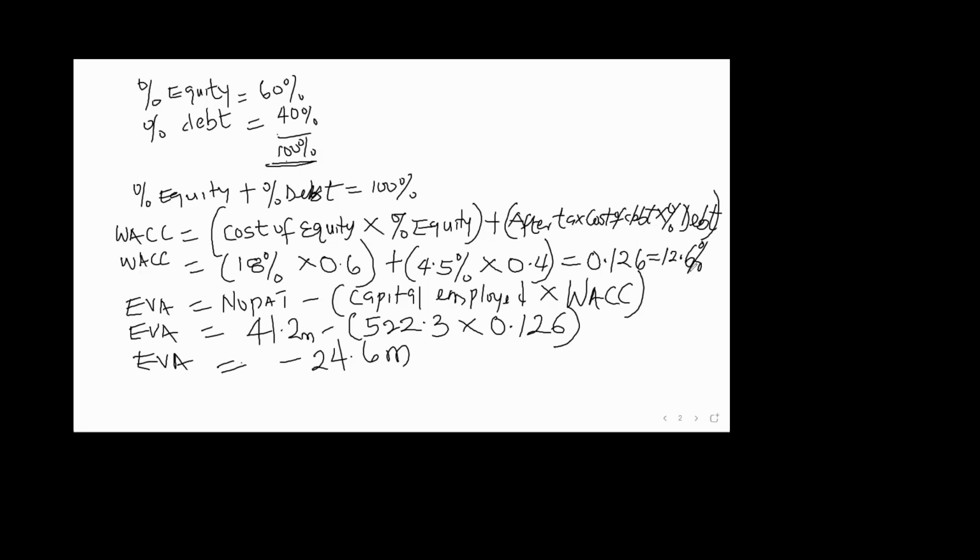When we say cost of capital, it is the minimum amount a company must generate in order to meet the expectation of the providers of capital, and it is used as a discounting factor.